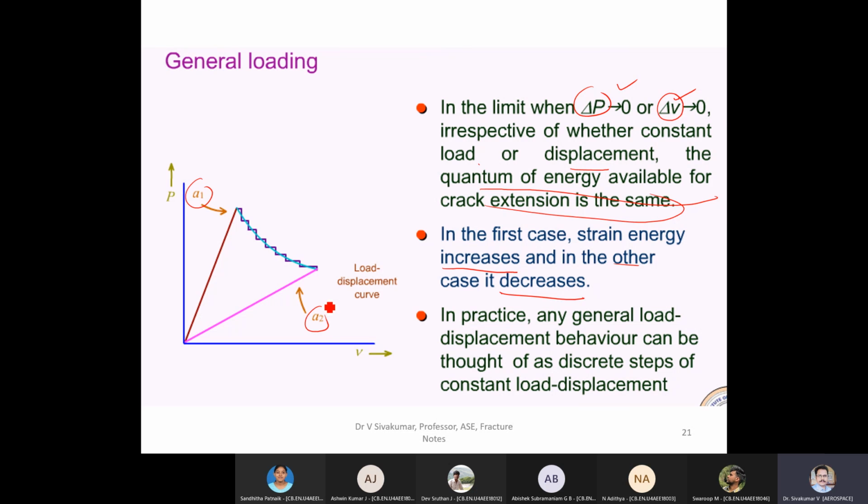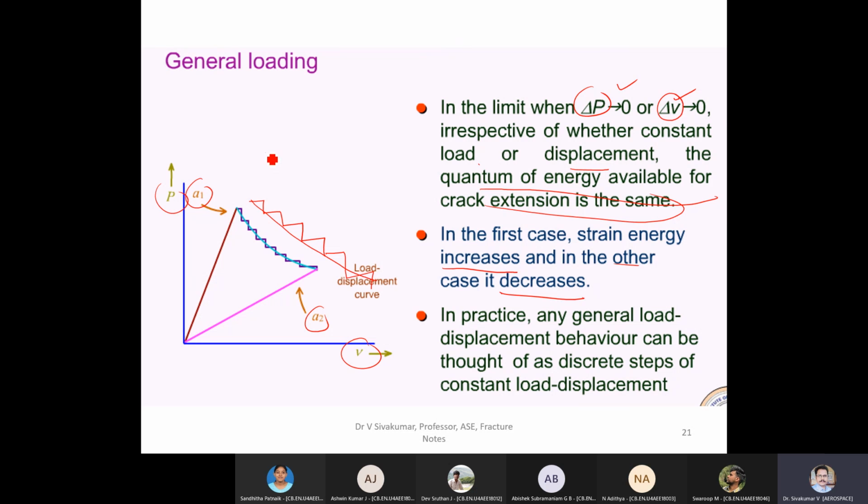A1 to A2 crack. This is the load displacement curve. If the case is going like this: increasing, decreasing, increasing, decreasing, increasing, decreasing. So this is how the plot of P versus displacement, the energy, is like this.